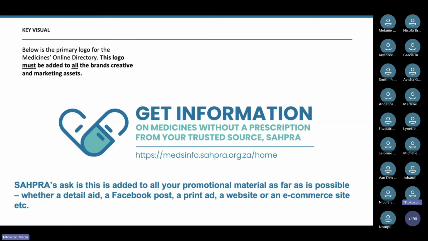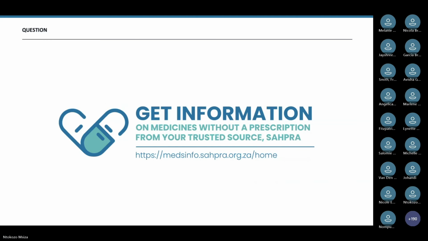SAHPRA's ask is that you add this to all materials, promotional material, as far as possible, whether a detail aid, a Facebook post, print ad, website, or e-commerce website, and we'll touch on e-commerce websites in a bit.